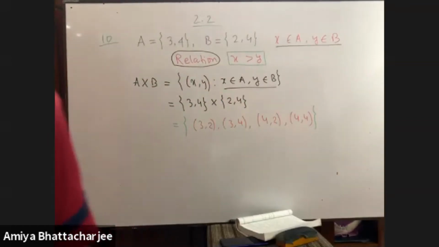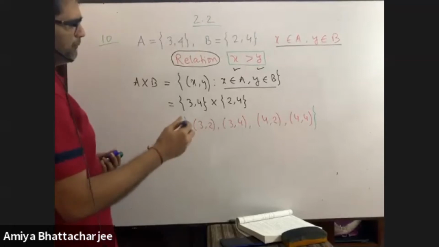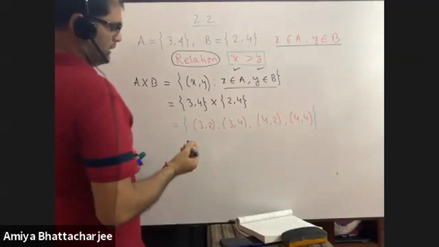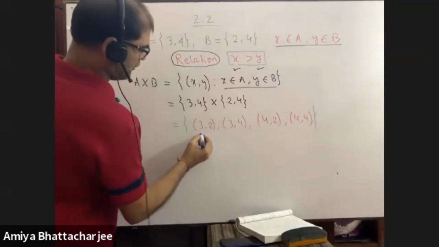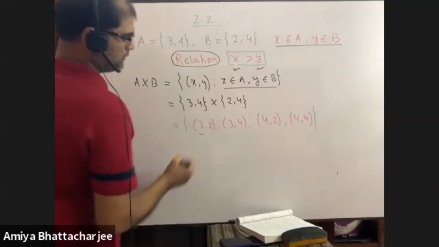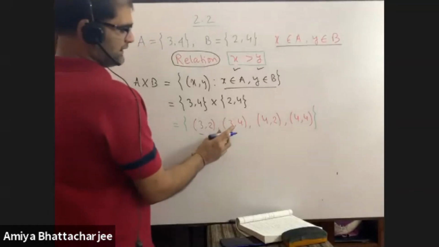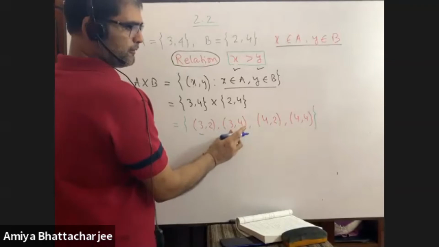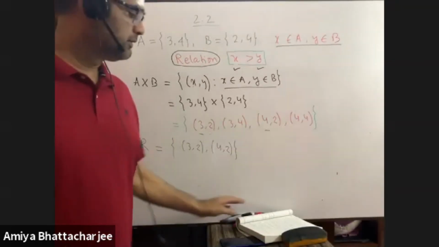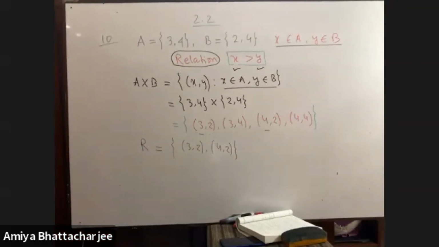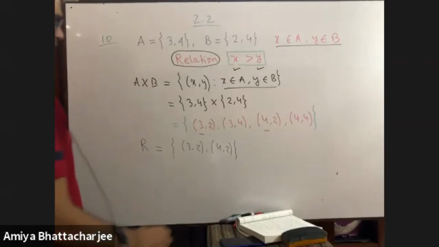The first one is greater than the second one. Where the first one is greater than the second one? Here 3 is greater than 2. Here 3 is less than 4. Please pay attention. This type of math will be given in the exam.